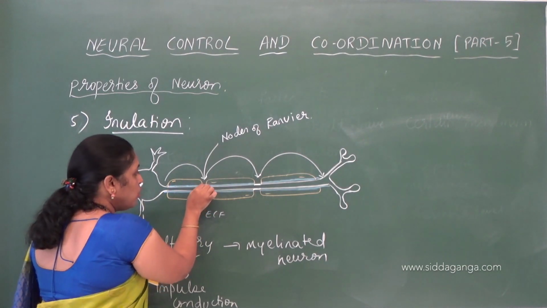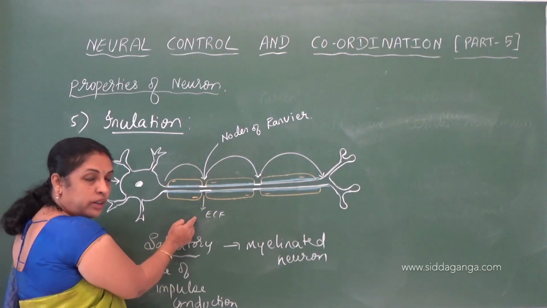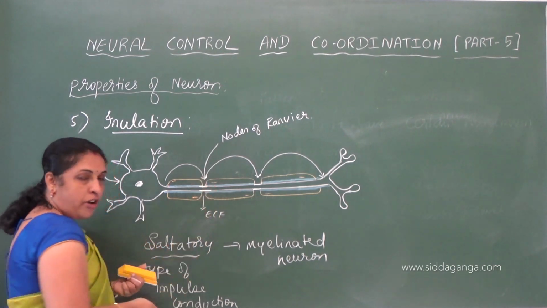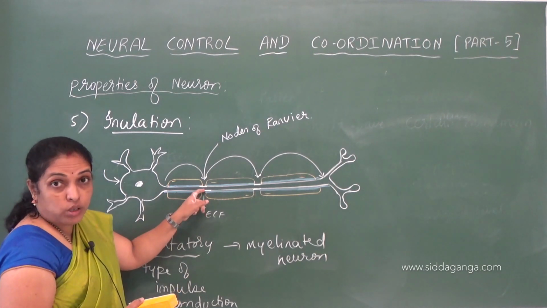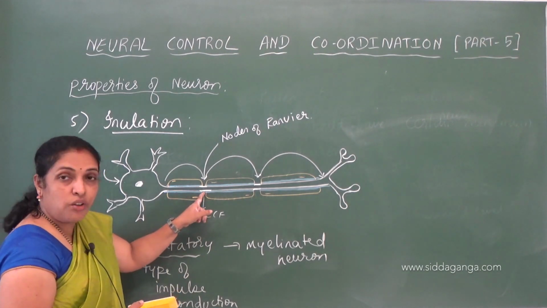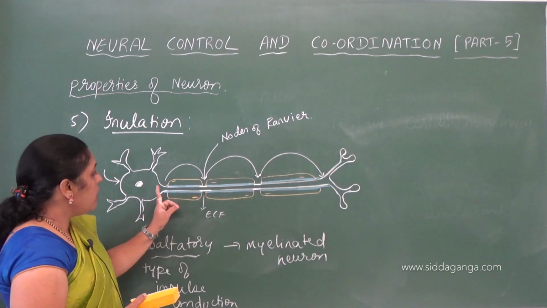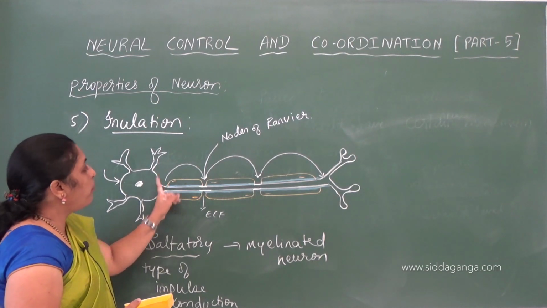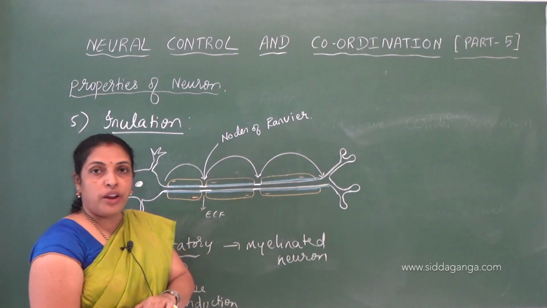Only in the nodes of Ranvier the axolemma is in contact with the extracellular fluid. There we see movement of ions, movement of sodium ions into the axoplasm. There we are able to see generation of action potential. So, the impulse will jump from one node of Ranvier to another node of Ranvier.